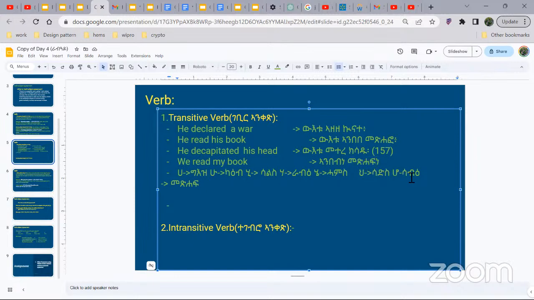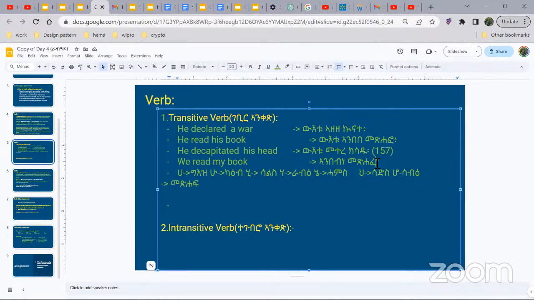So the መጽሐፍ should be an object, and it should end with 157. So it should be ፈኽት. That makes sense.